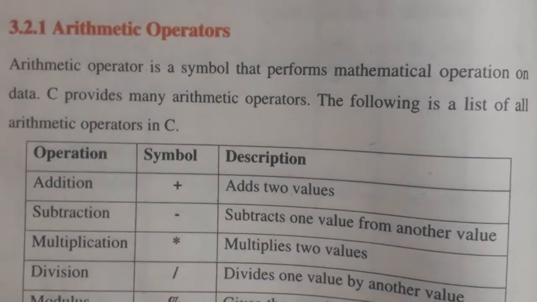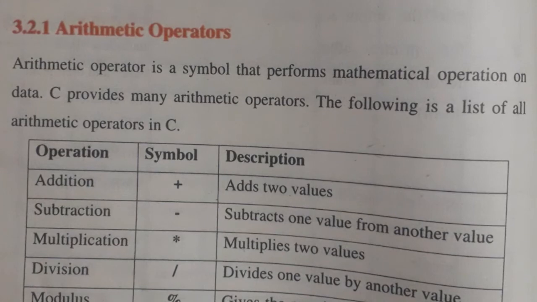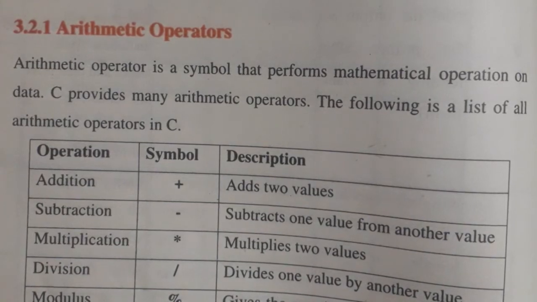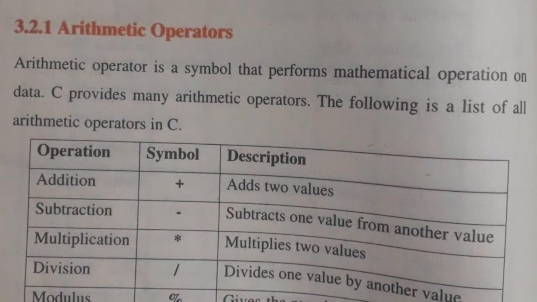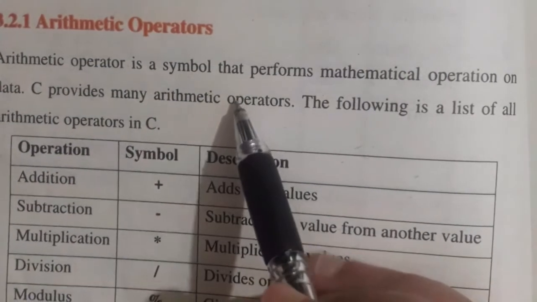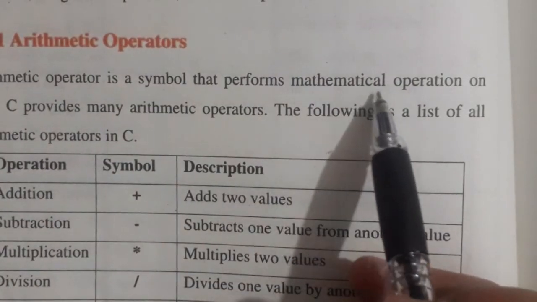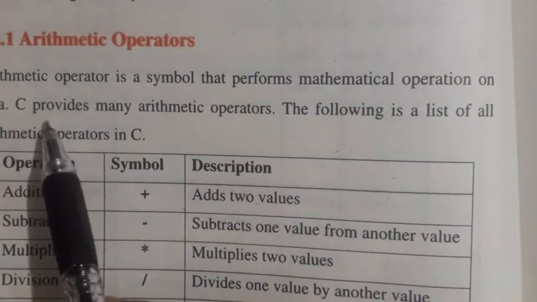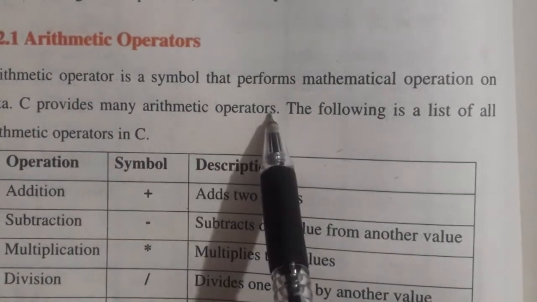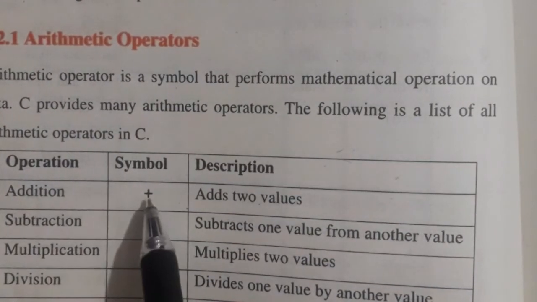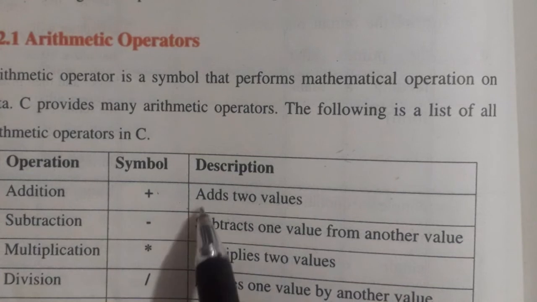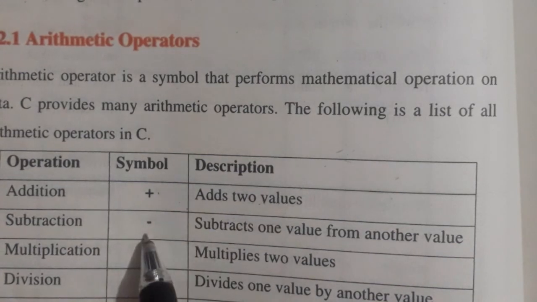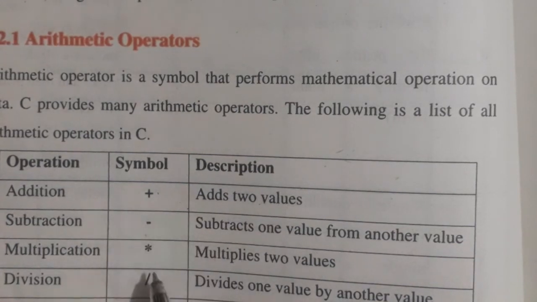Arithmetic operators. C language also provides arithmetic operators. An arithmetic operator is a symbol that performs mathematical operations on data. C provides many arithmetic operators: for addition, the plus sign adds two values; minus is for subtraction between two values.